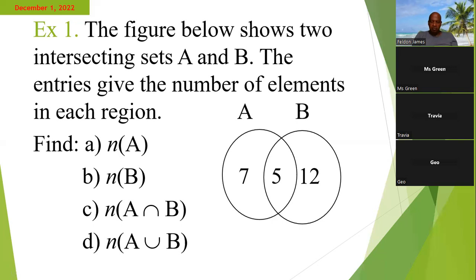So take about 4 minutes and see whether or not you could find the value for A, the value for B, the value for the intersection of A and B, and the value for the union. When you're ready, raise your hand.